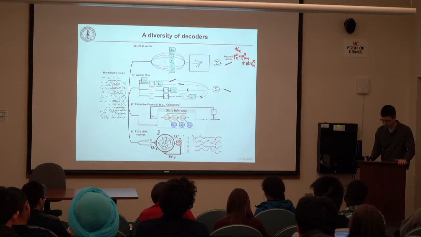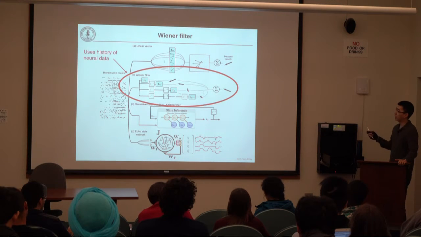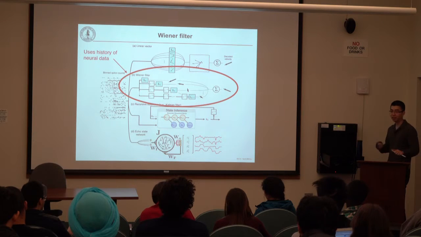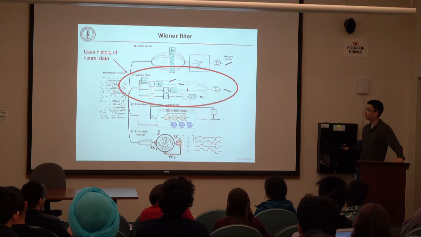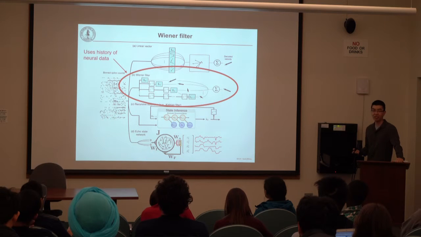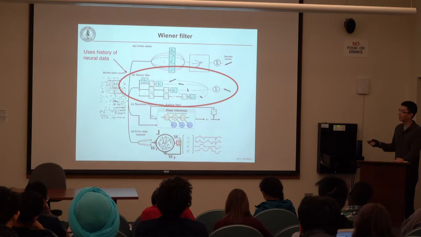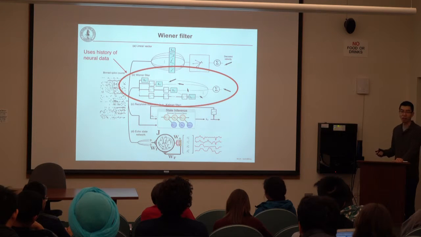All right. So a second type of decoder is called the Wiener filter. And this Wiener filter is a decoder that we'll get to today. And many of you might have heard the name Norbert Wiener before. What this decoder translates into is using a history of neural data. And so each of these blocks, z minus 1, is a delay of 1 time bin.